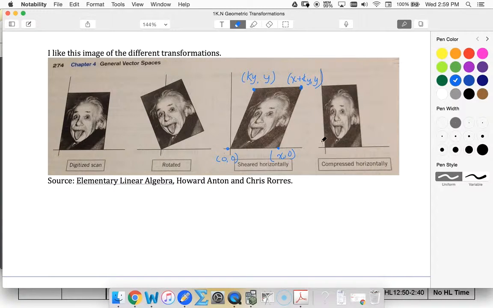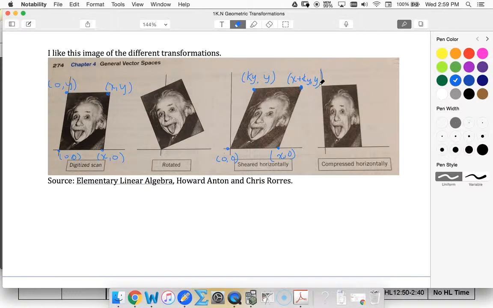This is a horizontal stretch. So I started with my points 0, 0, x0, we'll call this one xy, and 0y.